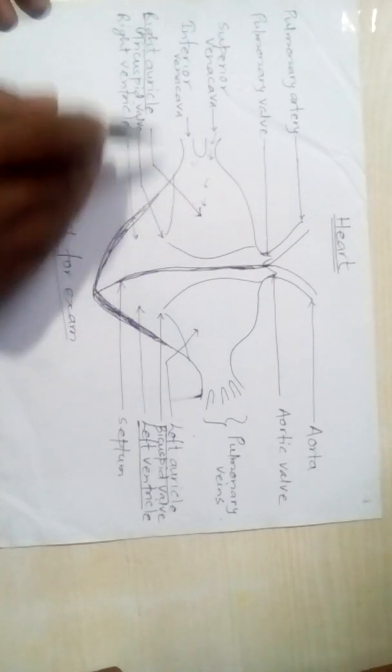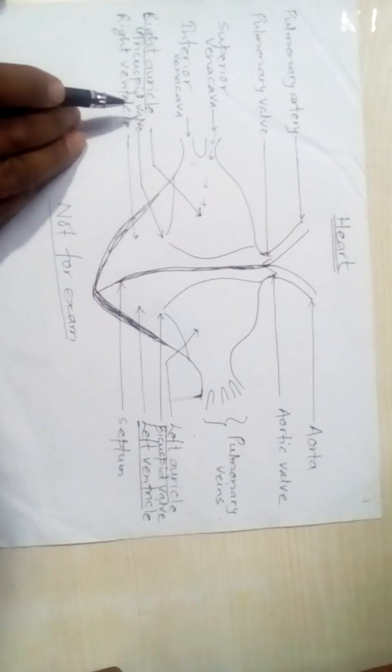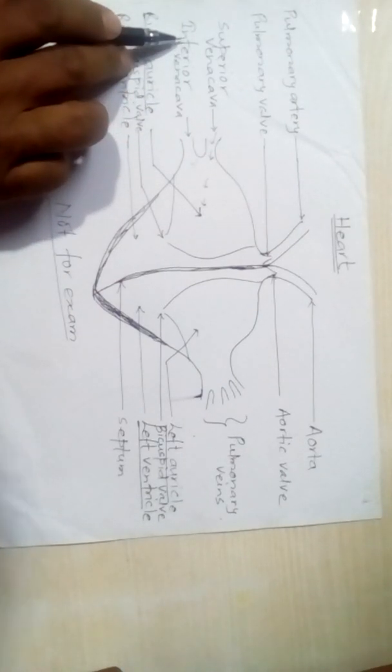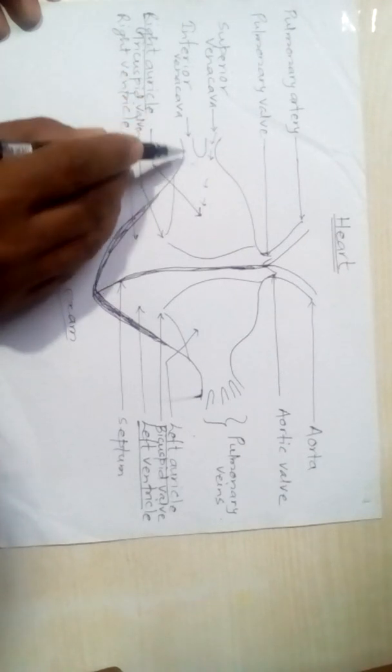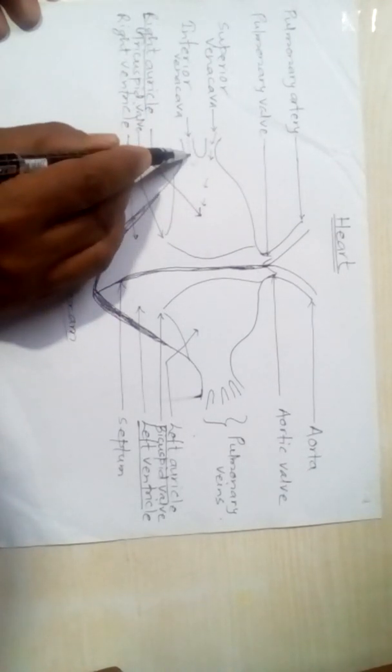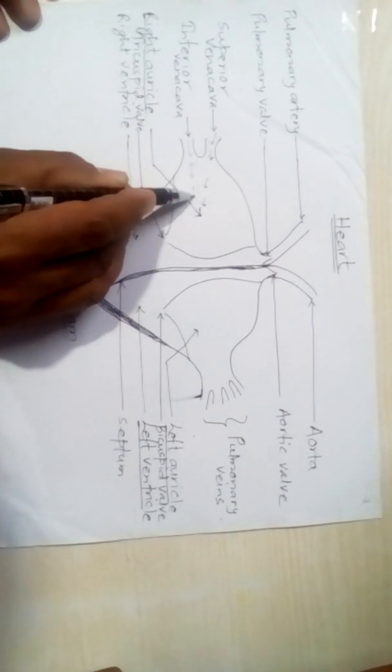In the same way, from the lower part of the body, that is legs, waist, etc., the deoxygenated blood comes to the right auricle through the inferior vena cava.